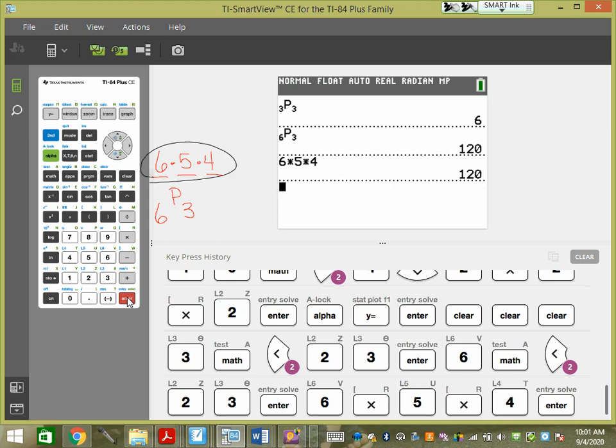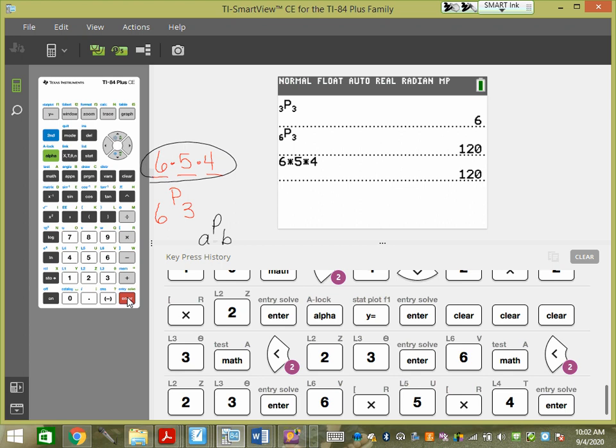So A would be 6, and B would be 3. What if you could only do it with factorials? Could you answer that question? No. Do you know how to do the question? Absolutely. So we have to be able to do it this way as well, just in case they ask for it in that form. All right?